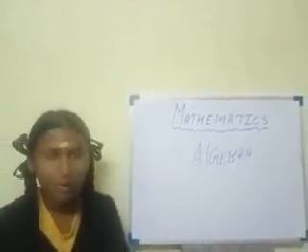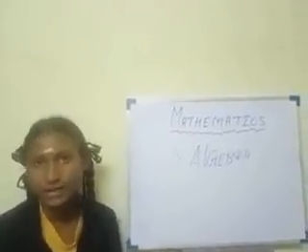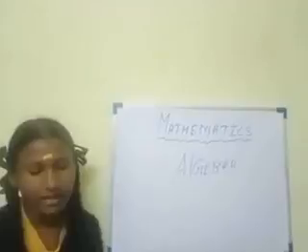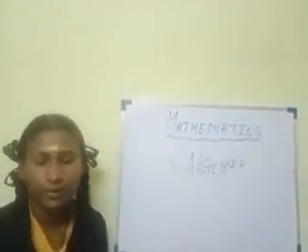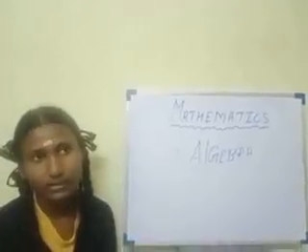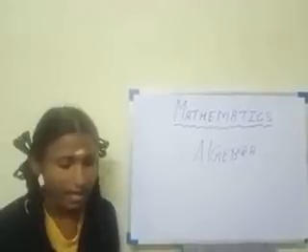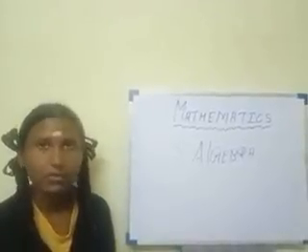Algebra was discovered by Diophantus. Diophantus was a mathematician, and his full name was Diophantus of Alexandria. He was born in Alexandria, Egypt. Let's know more about him.